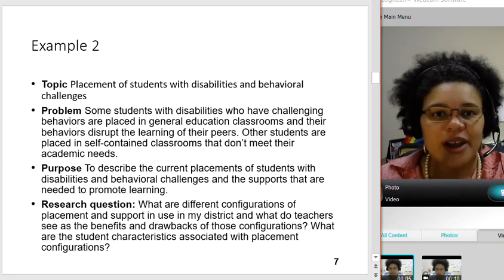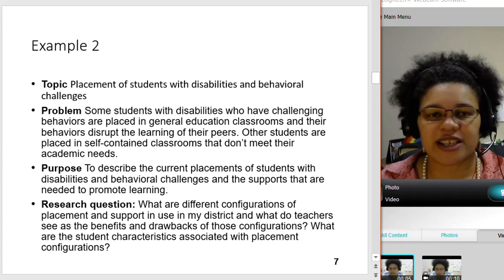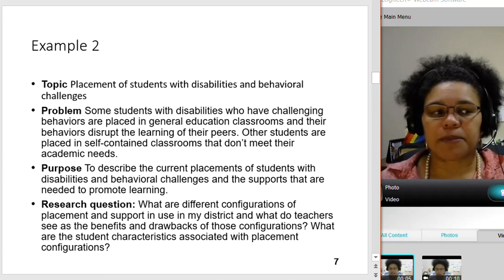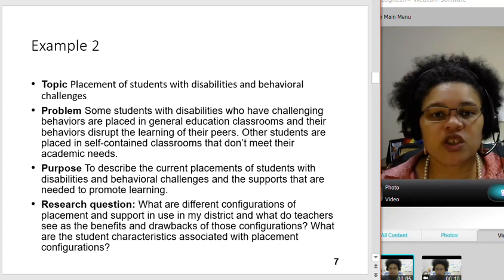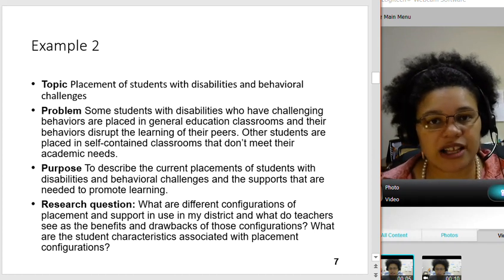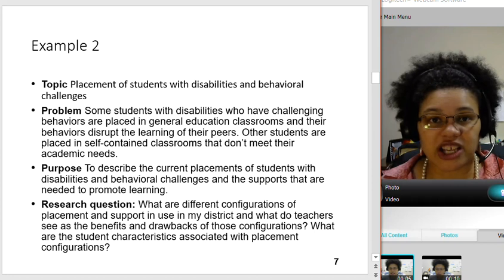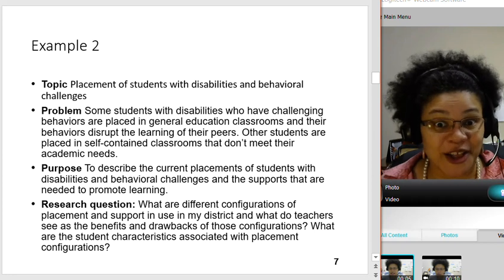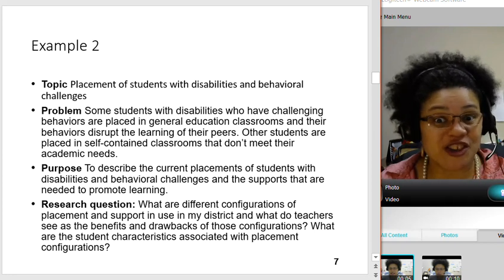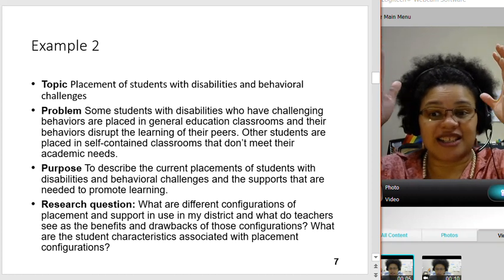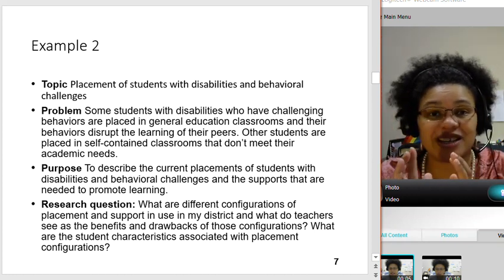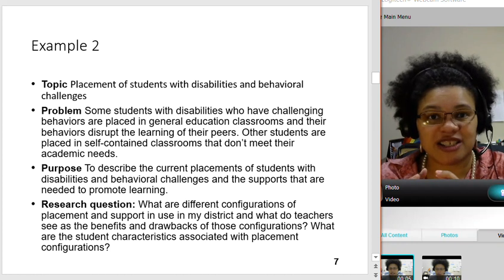It doesn't always fall along racial lines, but cultural capital certainly has a role to play in how students with disabilities and behavioral challenges are educated in schools in the US. So, again, we're going from a broader topic and coming down to a narrower set of research questions.